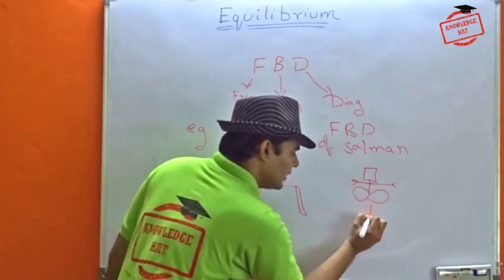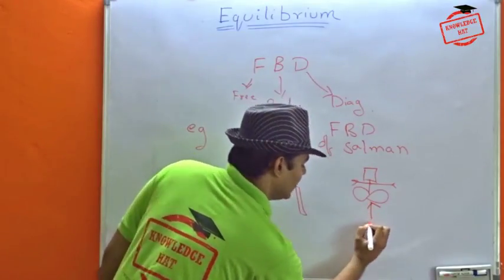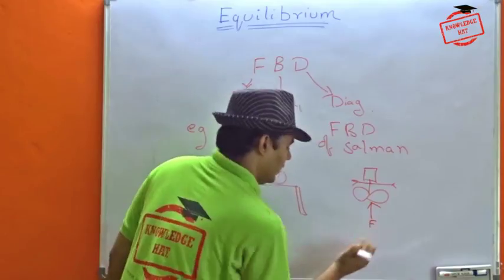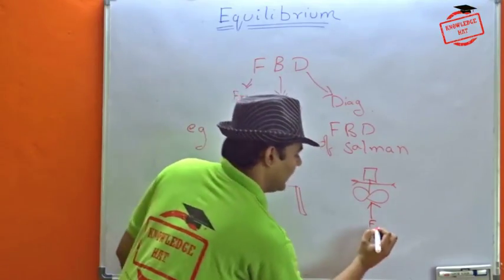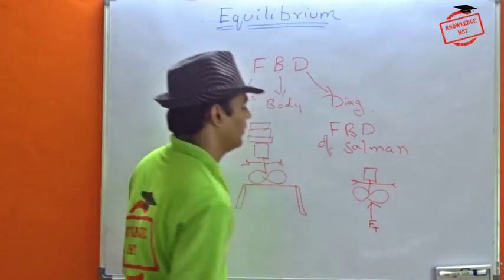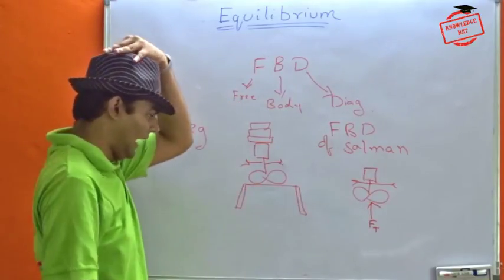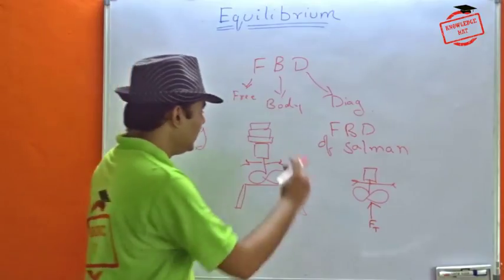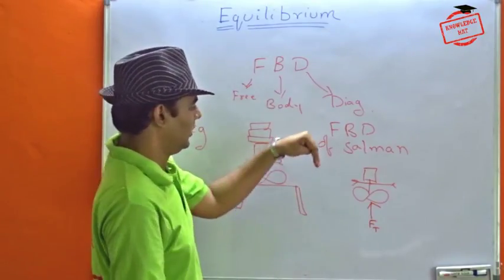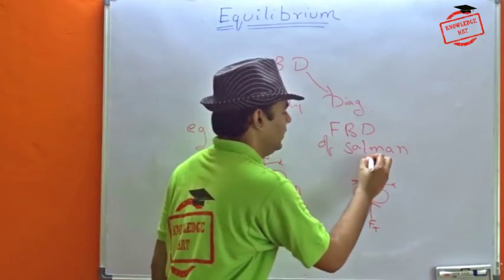So that force is taken here. So this is the force which is acted by the table. Suppose we take it as Ft. And if there are three books on Salman's head, these books will put a pressure in the downward direction.